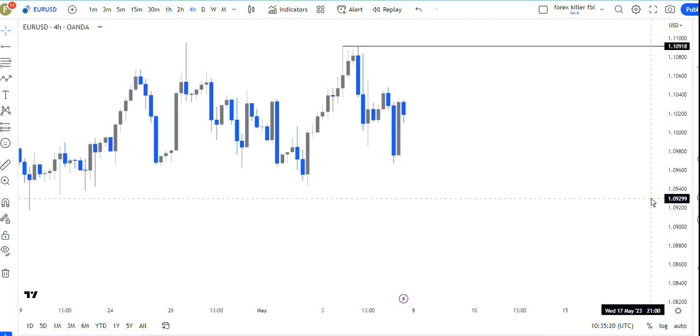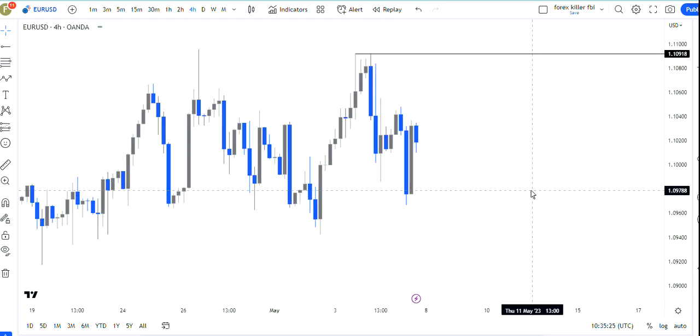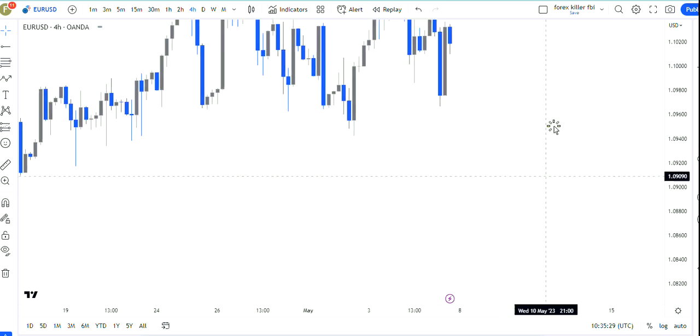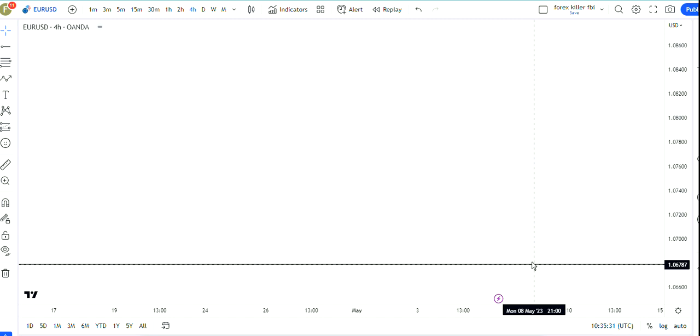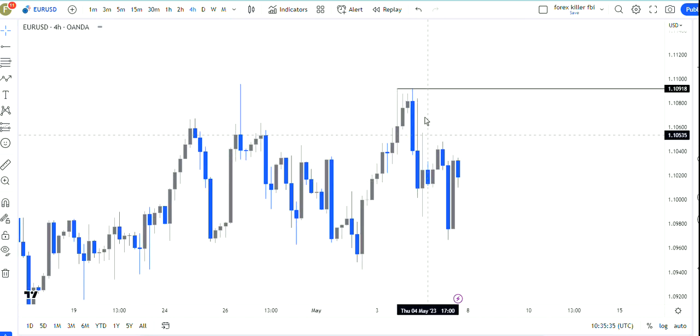So this order block will be the one which will help you to get an entry so as to sell until this point below here. So let us see what will be going on at this point here. We have an OB.